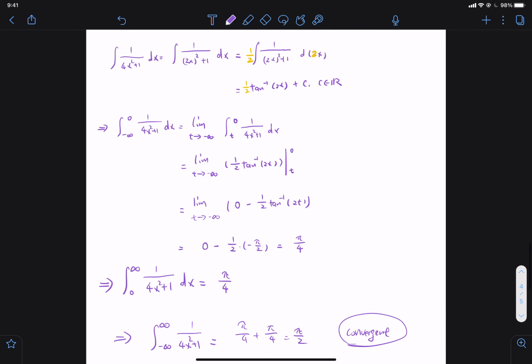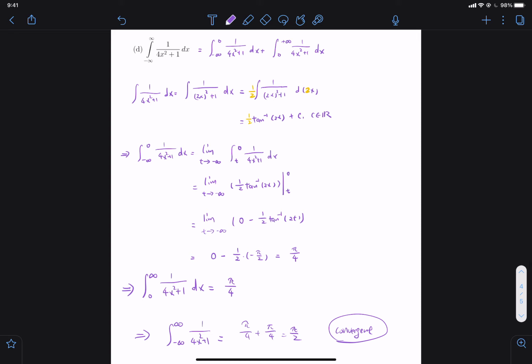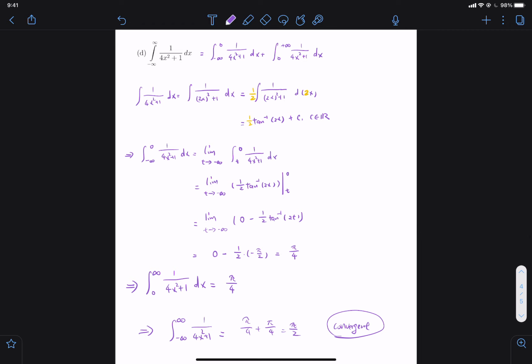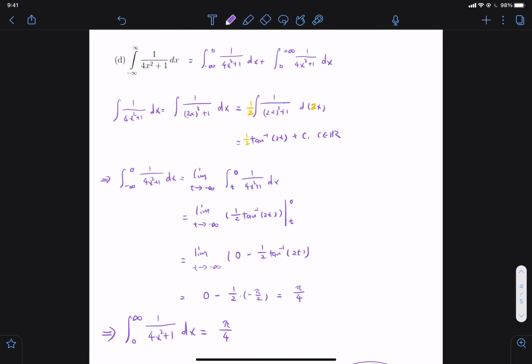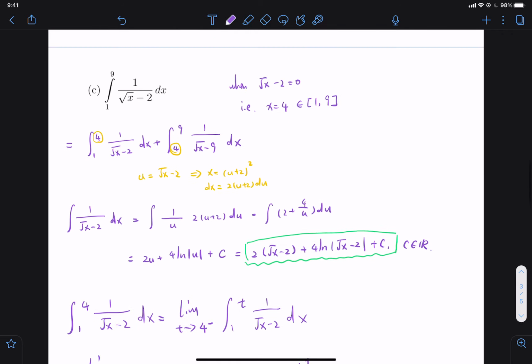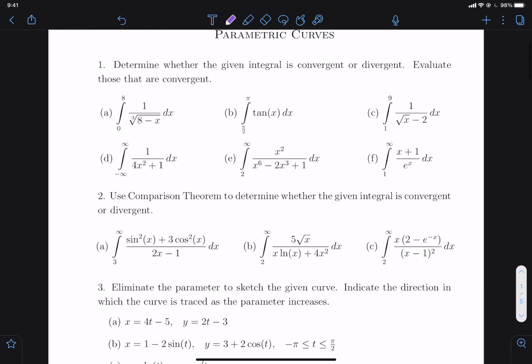Okay, and this is also similar to the previous questions. Turn the improper integral into limit notation and then go through the limit. Okay, that is question D. So we have done 4 of them here, and I think should I work on E, or should I move on to the next one?